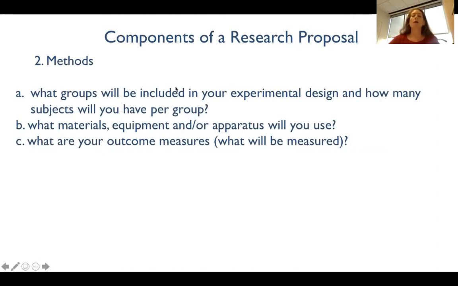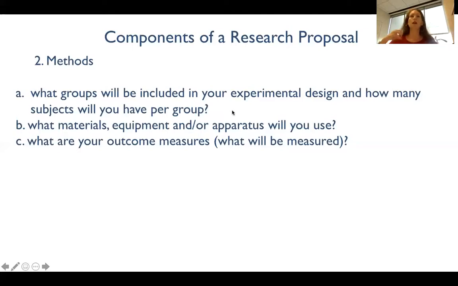So for STEM fields where we're going to be conducting some kind of experiment, your funding agency is going to want to know what your experimental design is. This basically means what groups, what are your experimental groups going to be? And how many subjects will you have per group?